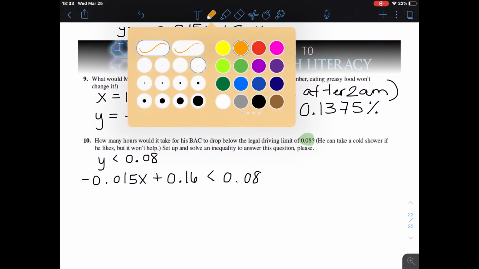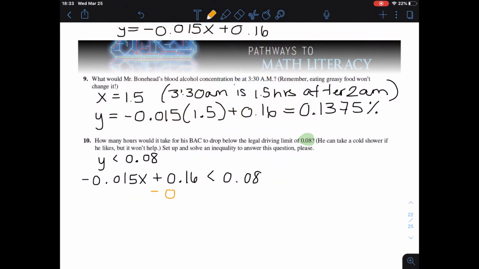So if we want to solve for this, you want to get the x, the variable, on its own. So let's subtract the 0.16 from both sides. And that gives us negative 0.015x is less than negative 0.08.